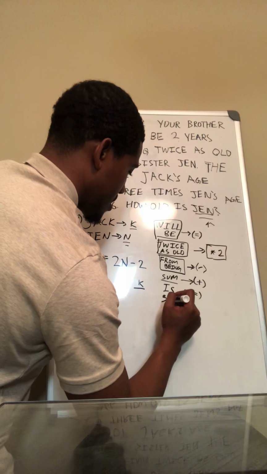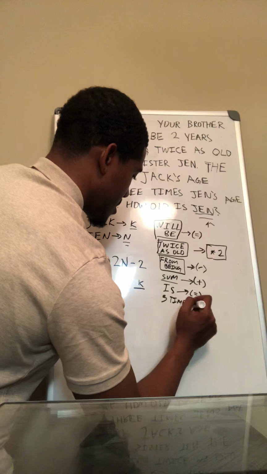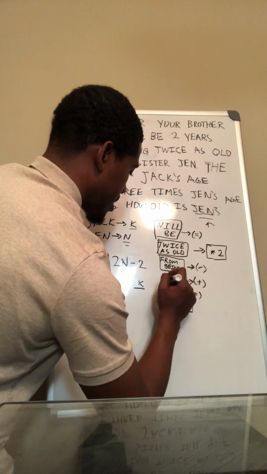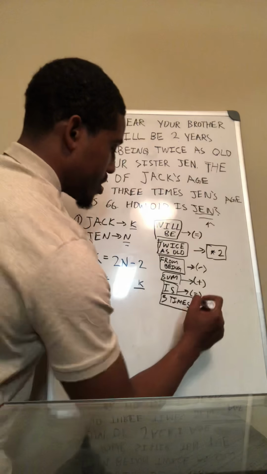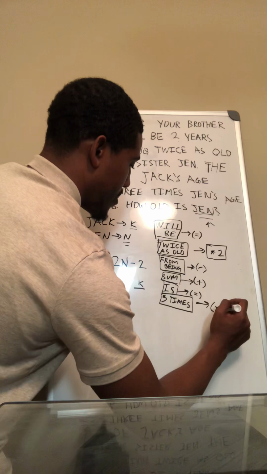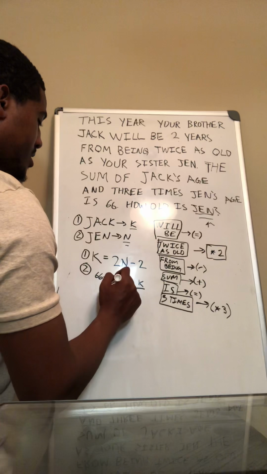So 3 times, you guys can probably guess what that is, which is multiplication by 3. So 3 times Jen's age.